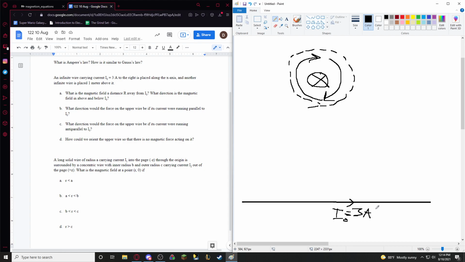Okay, so if we're below the wire, what direction is the magnetic field going to be in? Man, what's the proper word for this one? I understand what the question is. It's trying to say how it rotates that's the problem.